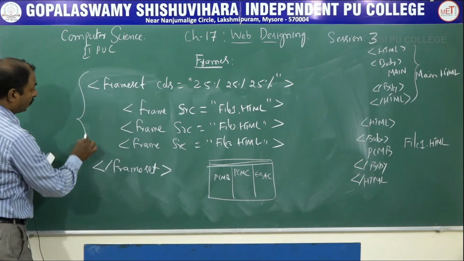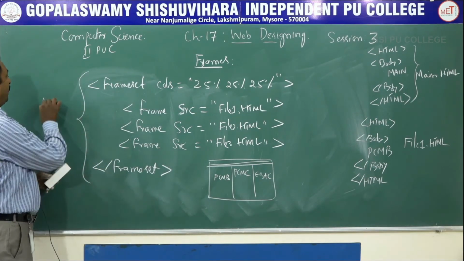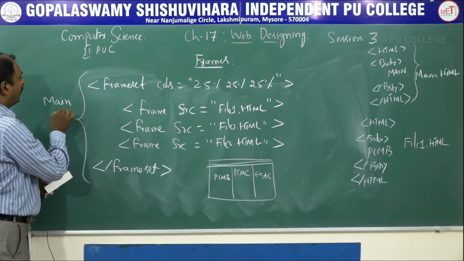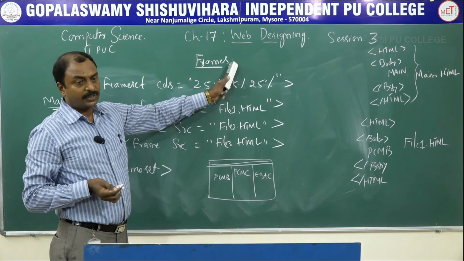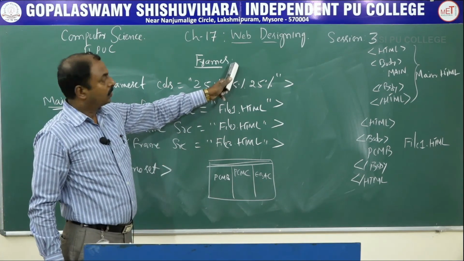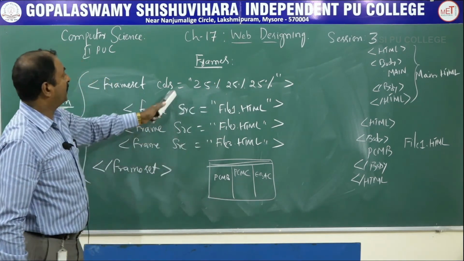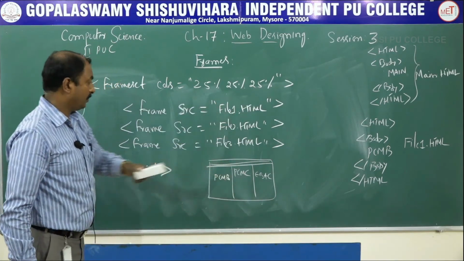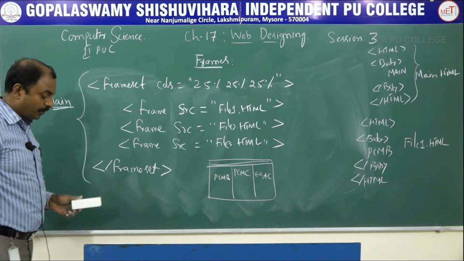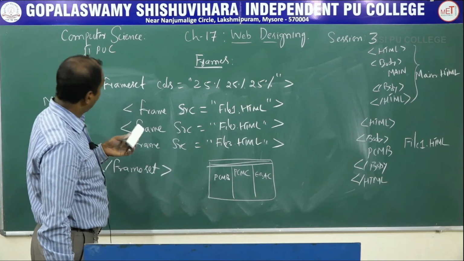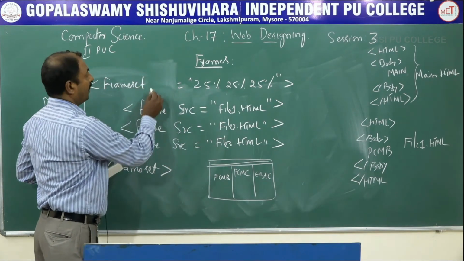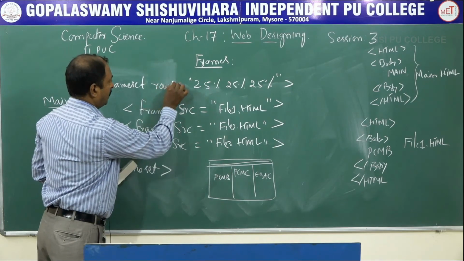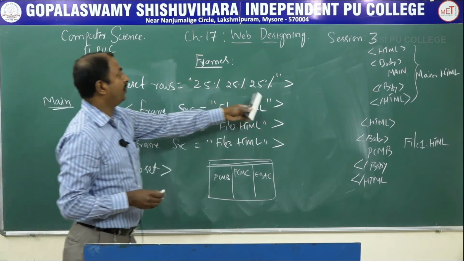So this is how your frame works in HTML. Normally this is going to divide into 3 columns. Similarly, if I want to divide this into number of rows, I will modify this frameset rows equals to 25, 25, 25.